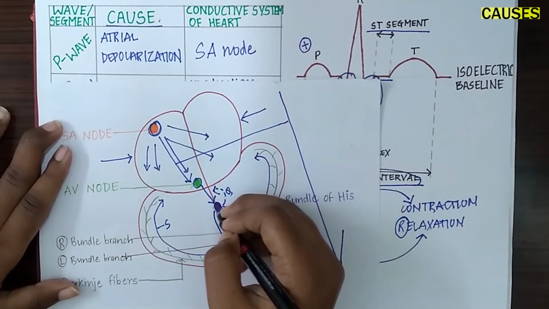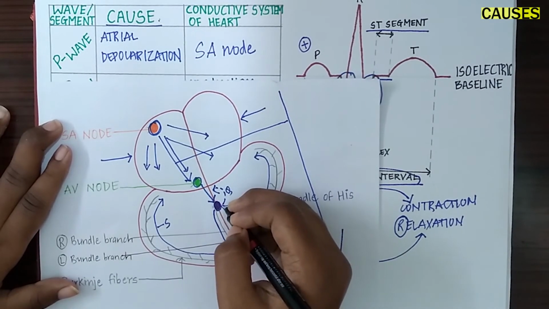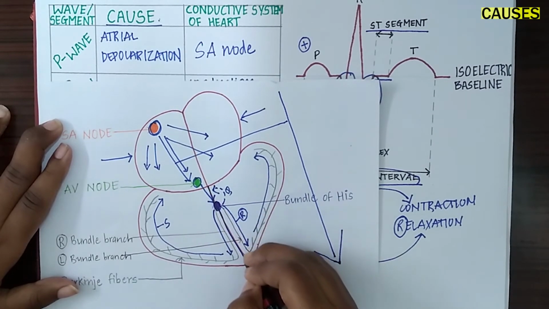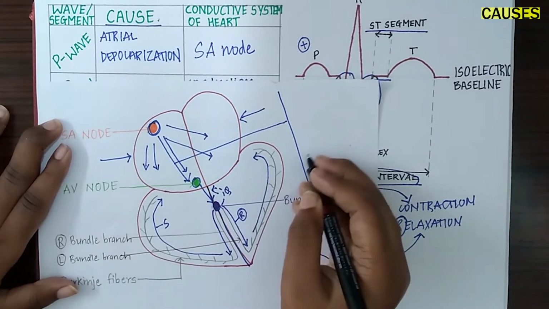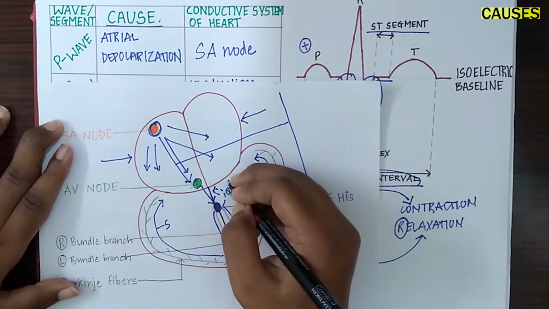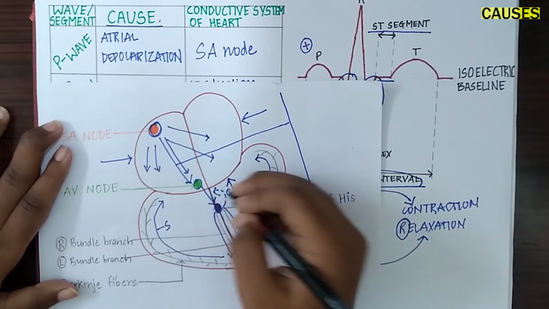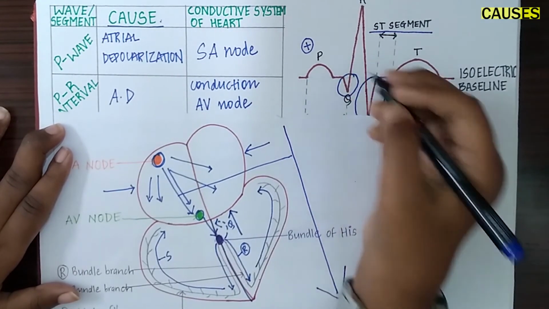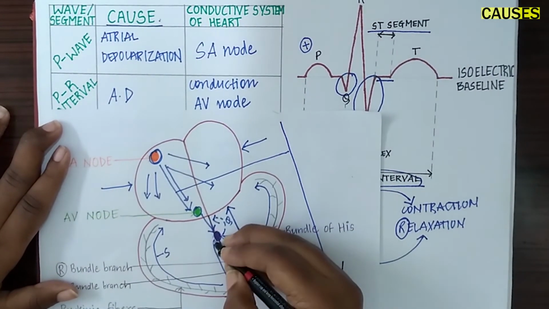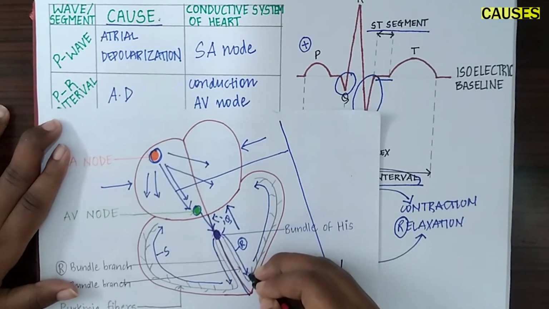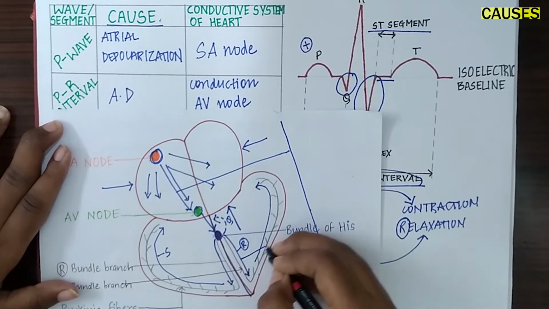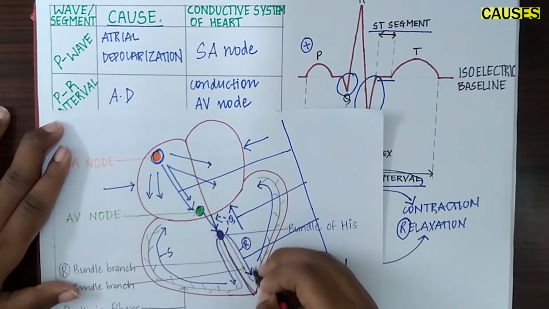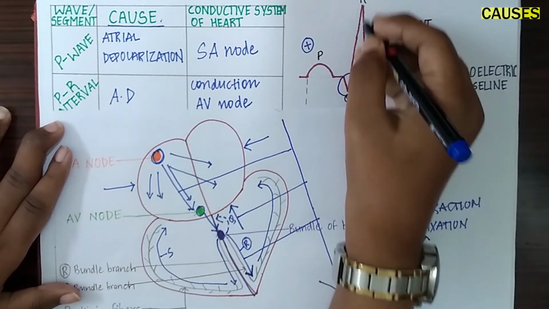But what happens when from bundle of His the current first moves to the interventricular septum, the base of interventricular septum? It is parallel to the cardiac vector but in the opposite direction of cardiac vector. So we get a negative Q wave. Then the impulse moves from bundle of His to bundle branches parallel to the cardiac vector in the same direction. So we get a positive R wave.